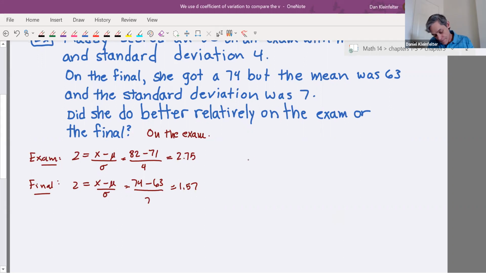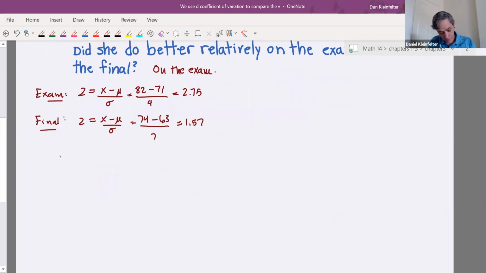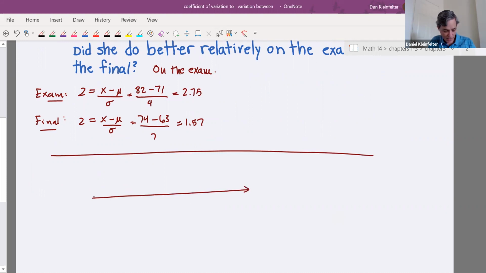So for example, let's say we have altogether different data sets now. And let's say that we know that the mean is here in both cases, and then we have an x value over here. Okay, so now the difference between the mean and the x value is the same in each case.